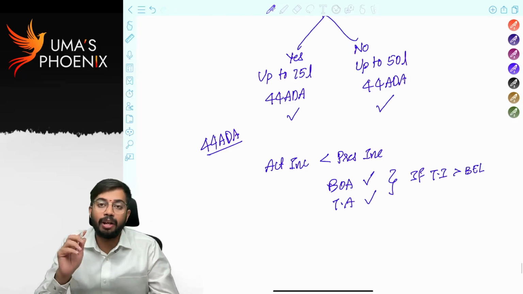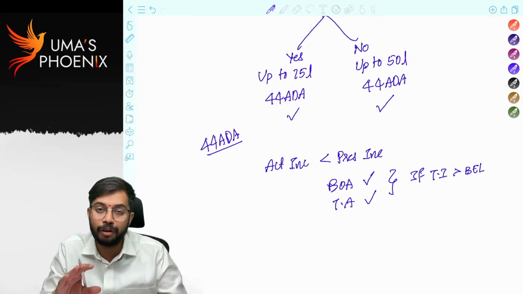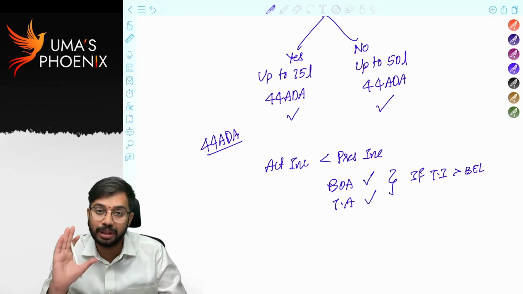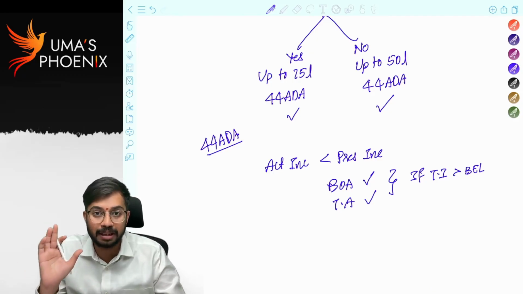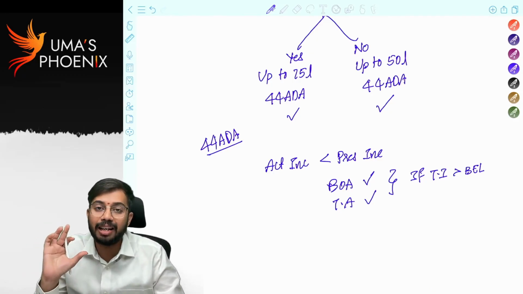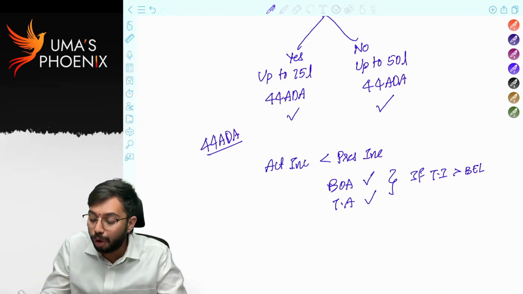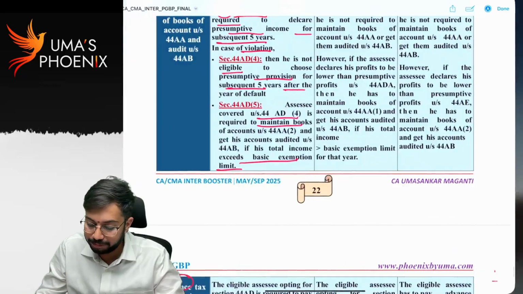So every year for a notified professional, you have to check if he is eligible to choose 44ADA; minimum he should disclose 50% of his gross receipts as presumptive income. If he does not disclose 50% of gross receipts as presumptive income, then he is mandatorily required to maintain books of accounts and get his books of accounts audited only if total income is greater than the basic exemption limit.